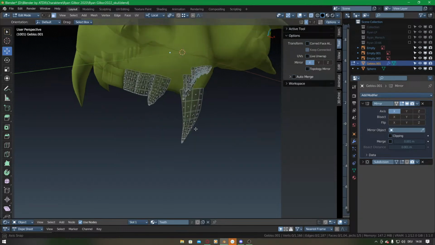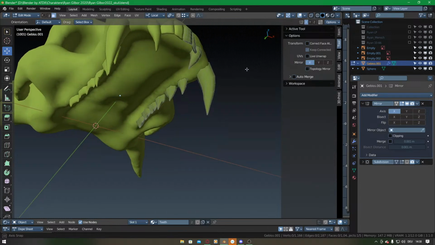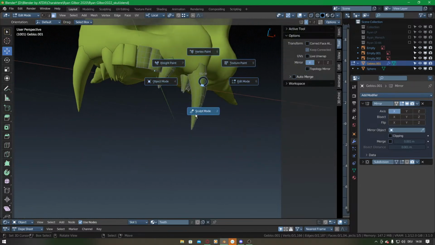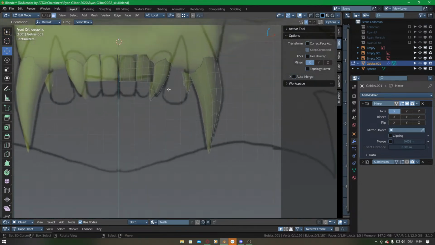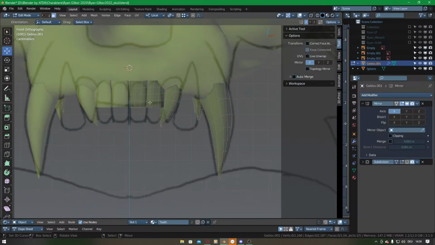Not where his face is, please. There we go. Ah, look at that. Those teeth are almost fitting.